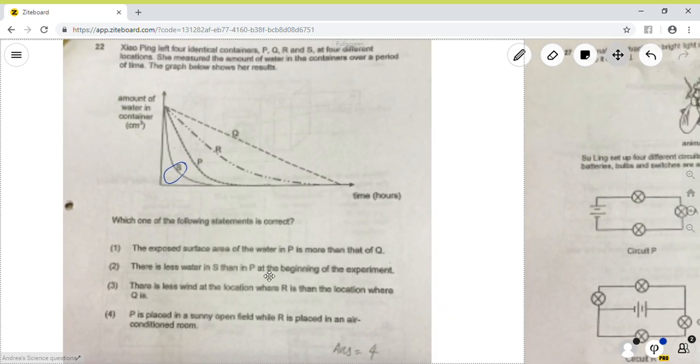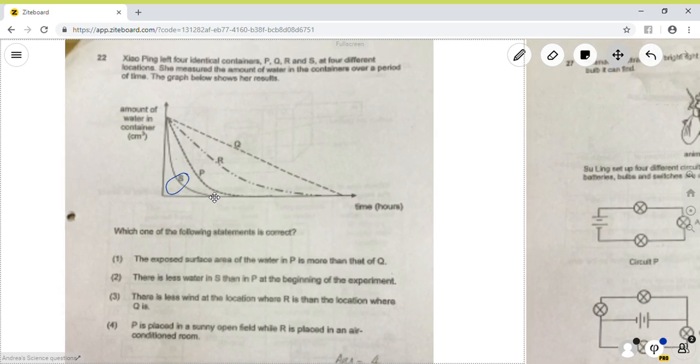So the exposed surface area in P is more than Q. We cannot tell what's wrong with this statement, because the containers are all identical, right? They're all the same. So this is not correct.